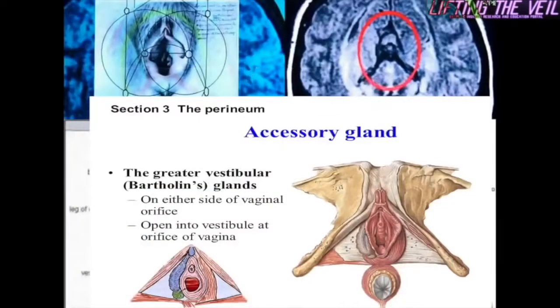And yet again, we can see the obvious geometric similarities and correspondences between what is above and what is below within the female anatomy. You have the clitoris and the frenulum clitoridis, the body of the clitoris, within the human brain as well, with the exact same corresponding geometry.